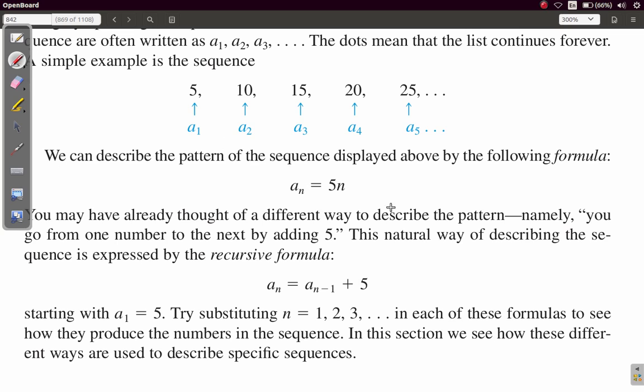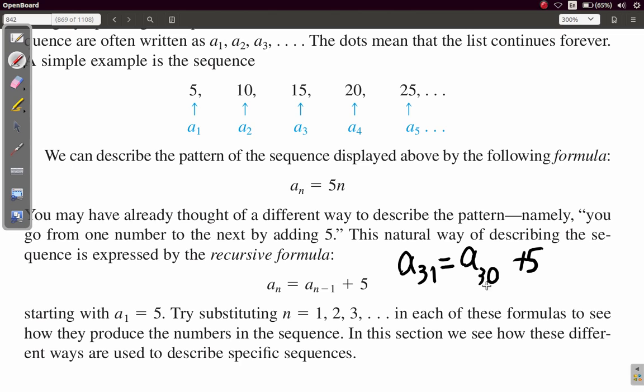What happened? If you are at the 30th number and you want to know what the next number is, then A31 equals the number before it, which is A, n minus 1, that is 31 minus 1, plus 5. The number before it, 31 minus 1, in this case is the number 30.